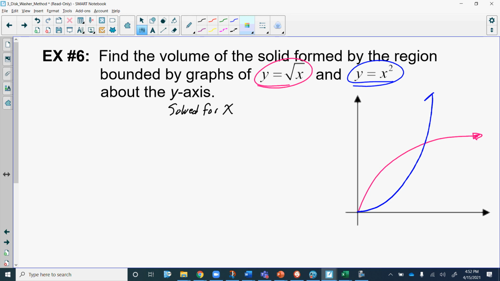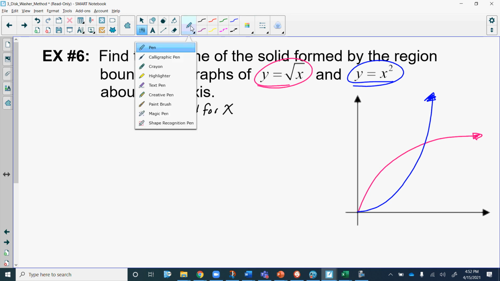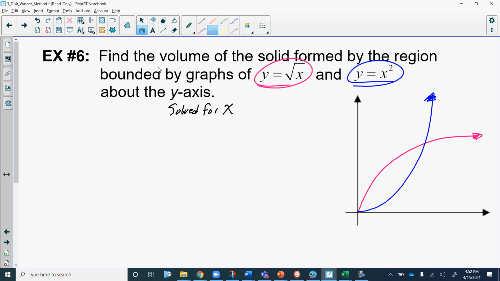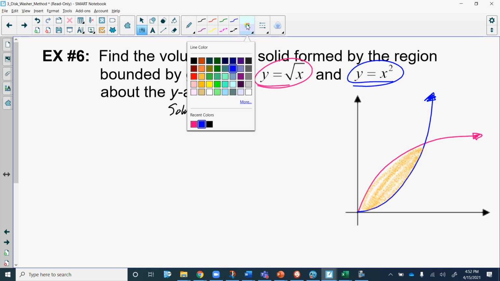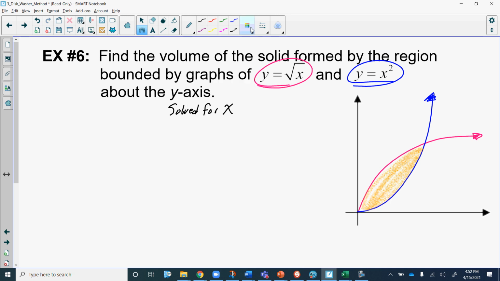This is going to be that, and so the shaded region, the region contained between those two, is what we're going to be rotating. So we're rotating this region, okay? And we are going to be rotating it around the y-axis. So we're going to take that shape and go around the y-axis like that.